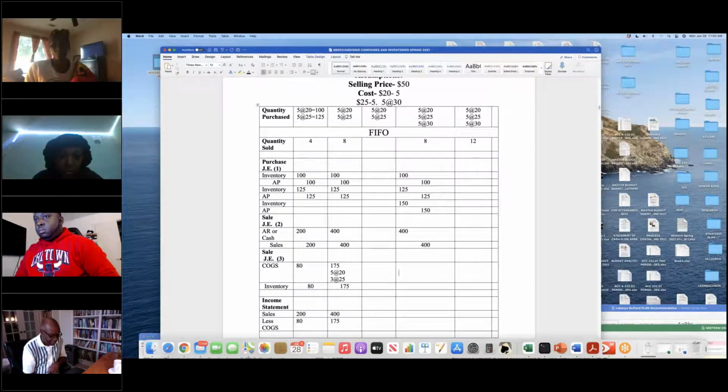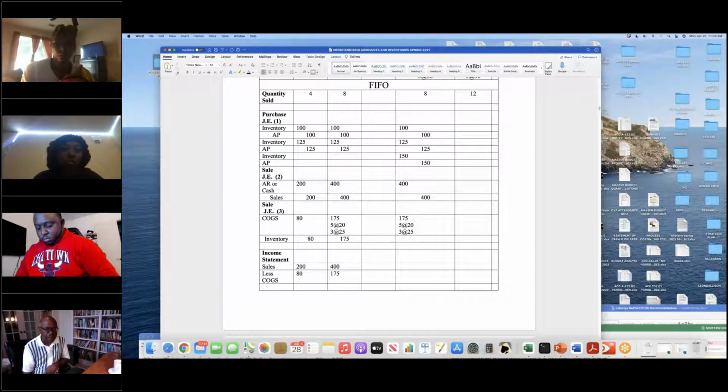So we had 5 at 20 and 3 at 25. That's going to be 175. We do that income statement. Sales is 400.